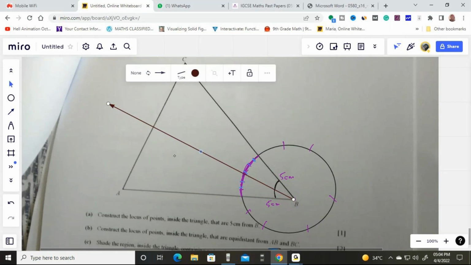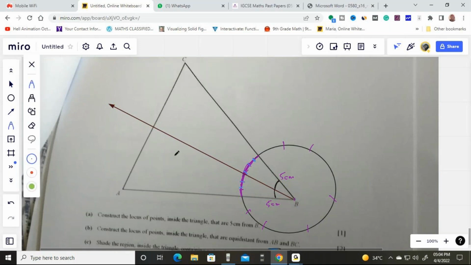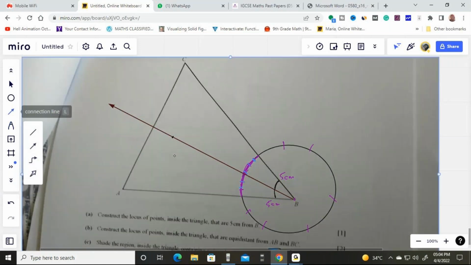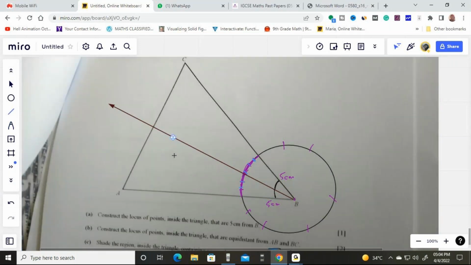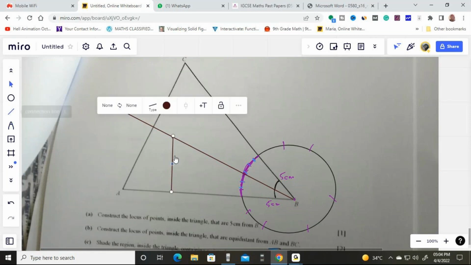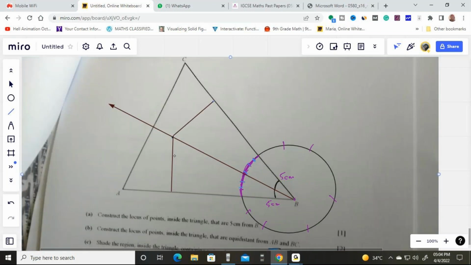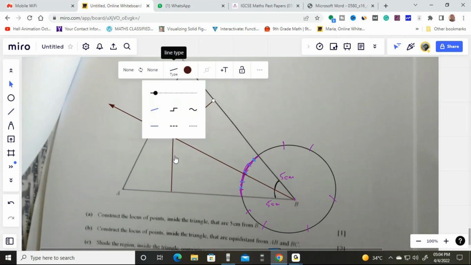Now pick up any point I want. I picked up this point, for example. Its perpendicular distance from AB and BC will be the same. Follow the projection of this point on both these lines. You see they are the same.